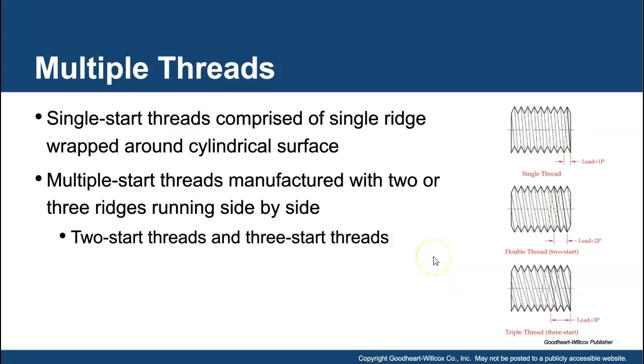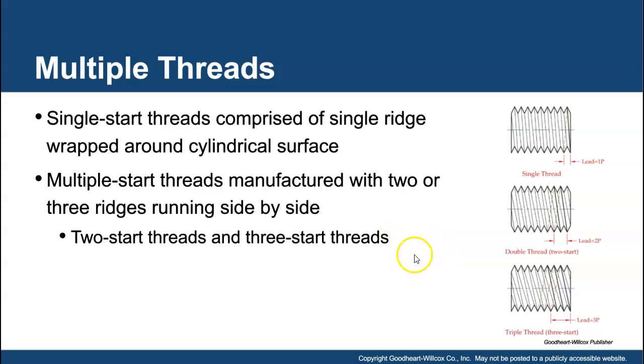We can talk about multiple threads here as well. Not as common, but the multiple starts help to screw things on twice as fast or 3 times as fast, depending on the multiple starts that are wrapped around the cylinder. Most of these are just going to be single thread starts for most common threads.